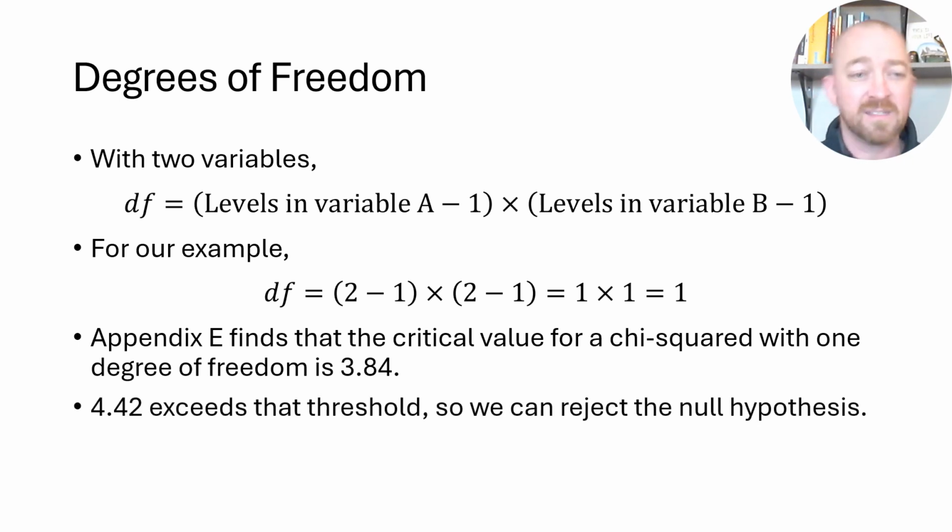So of course in this instance, our chi-squared value that we obtained was 4.42 using the data that I gave you that are entirely made up, by the way. And 4.42 is of course larger than 3.84, so therefore we have statistical significance. We can reject the null hypothesis that said it didn't matter which row you fell into to shape which column you fell into. It turns out it actually does matter. So now let's talk about how it matters.